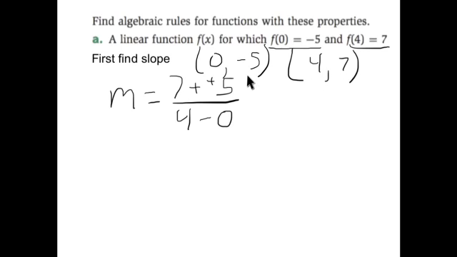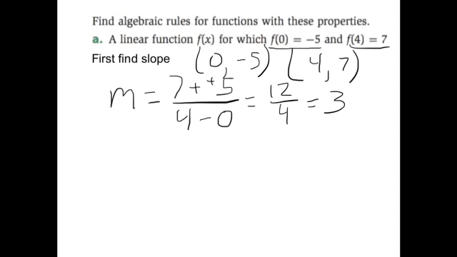So 7 minus -5 on the top, that's the difference in the y's, and 4 minus 0 on the bottom, that's the difference in the x's. And what that comes out to be is 7 plus 5 is 12, and then on the bottom 4 minus 0 is 4, and that improper fraction reduces to 3.